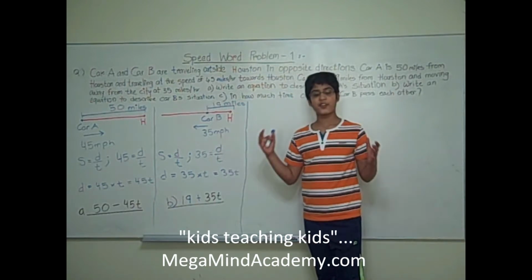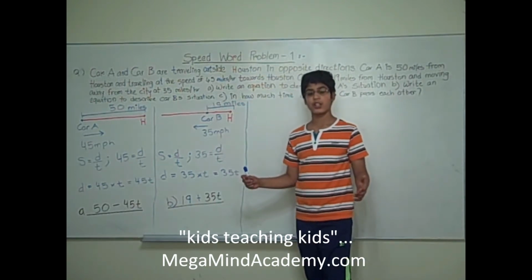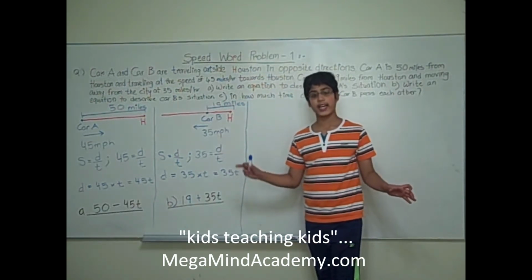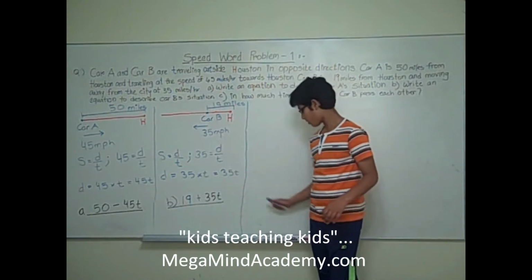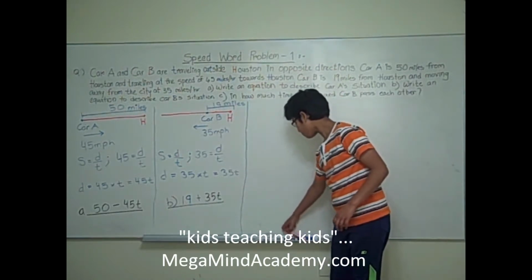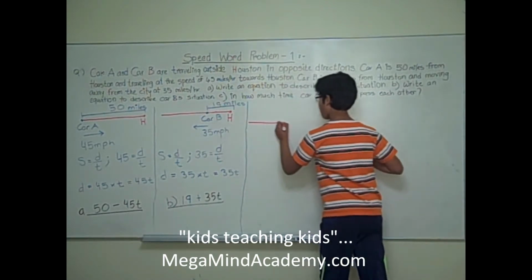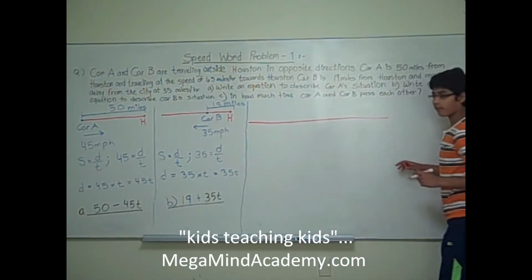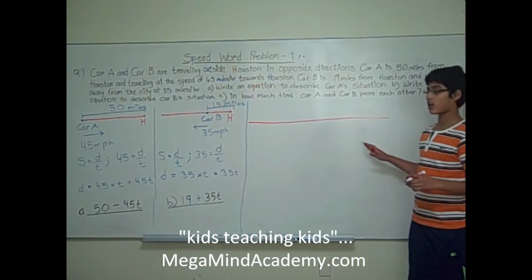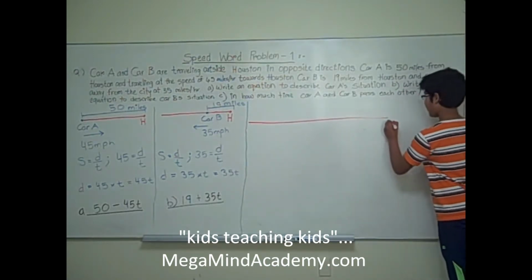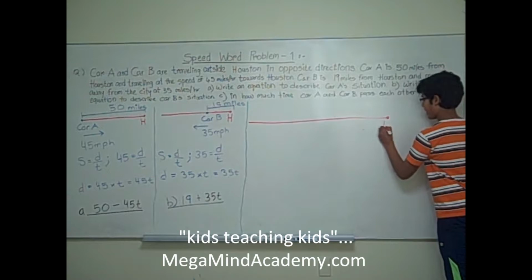Now, let's first draw the road on which both car A and car B are on. So, this is the road that both car A and car B are on. And here is Houston, H for Houston.